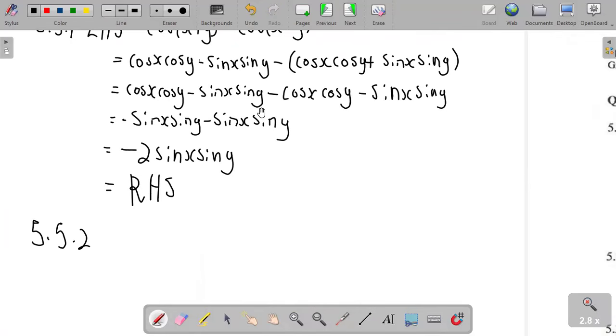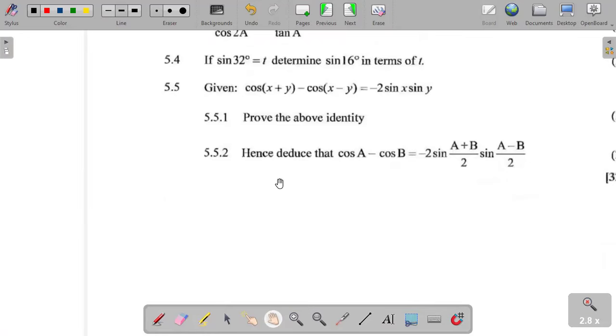So then in 5.5.2 they say, hence deduce that cos A minus cos B equals negative 2 sin A plus B over 2 and then sin A minus B over 2.